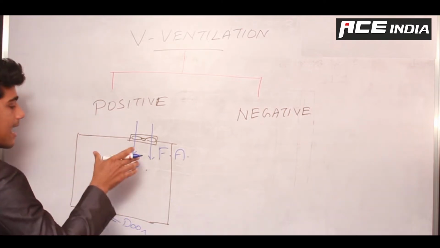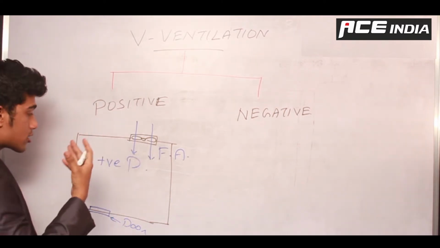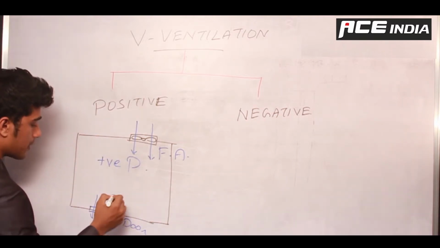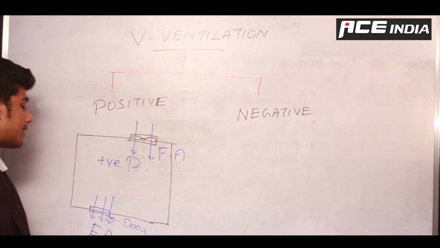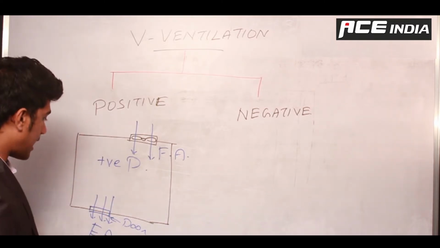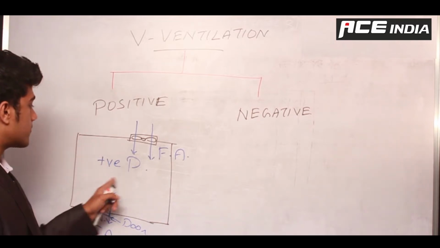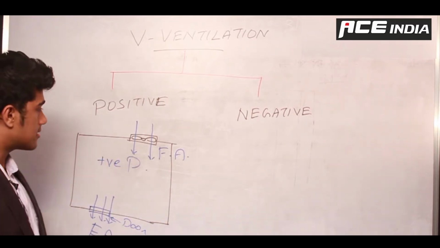So as the pressure increases inside the room, the extra air which is causing this increasing pressure will leak out like this, which can be termed as exhaust air, or I will just name it EA, exhaust air. So when the fresh air is being sucked inside, exhaust air goes outside because of the increase in pressure. This system is called a positive ventilation system.